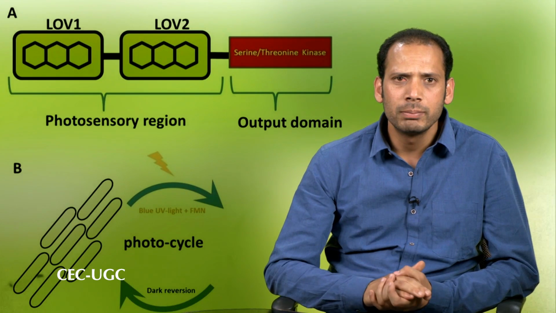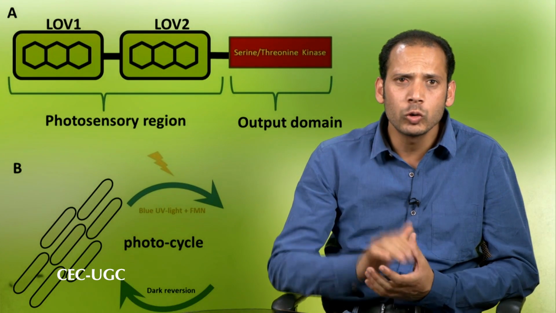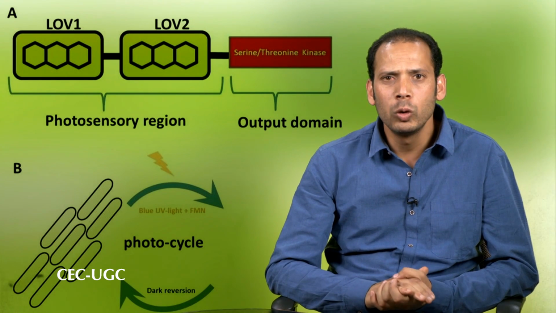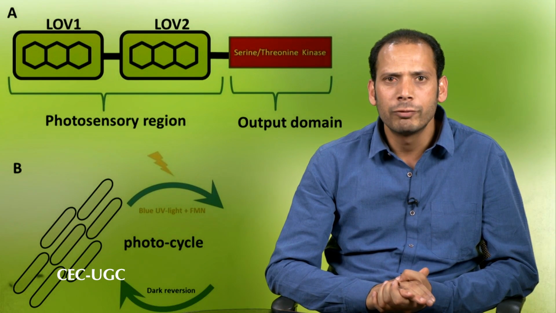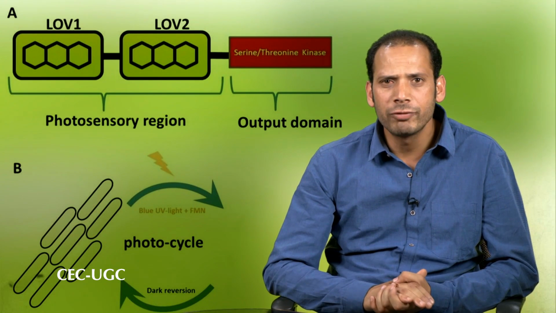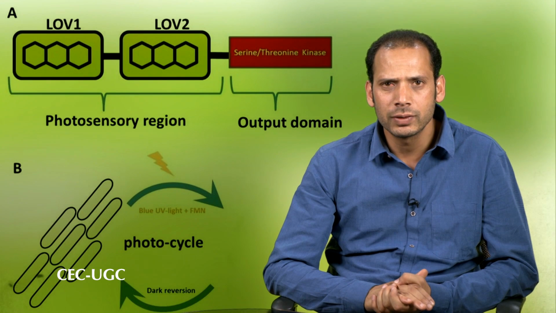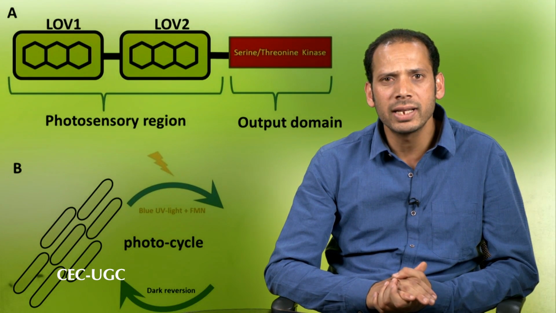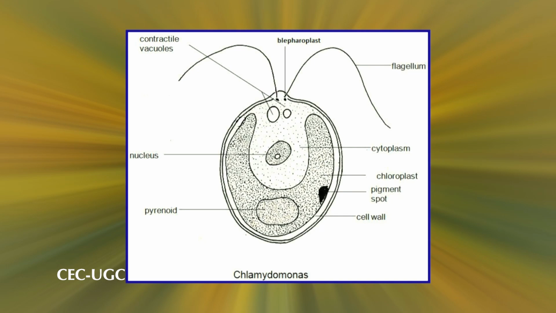Plant phototropism, the ability to bend towards or away from light, is predominantly controlled by blue light photoreceptors, the phototropins. Phototropins have been found in various plant species. The structural properties of phototropins are highly conserved from the unicellular alga Chlamydomonas to higher plants.